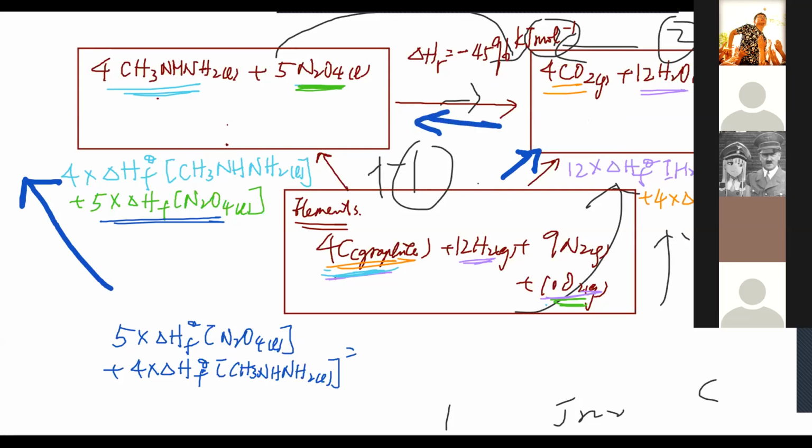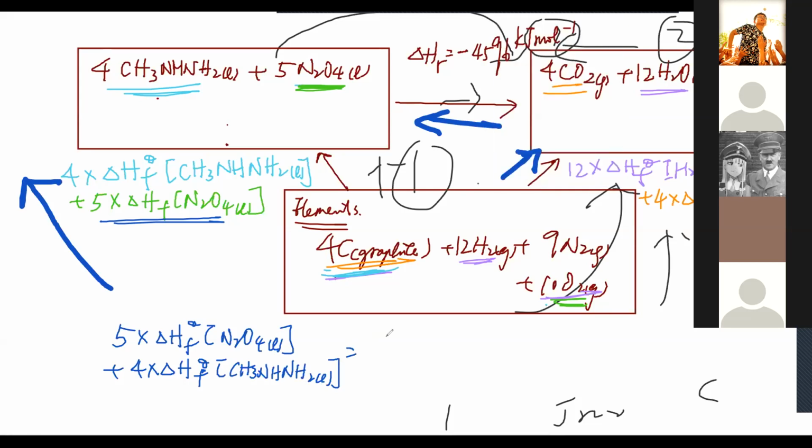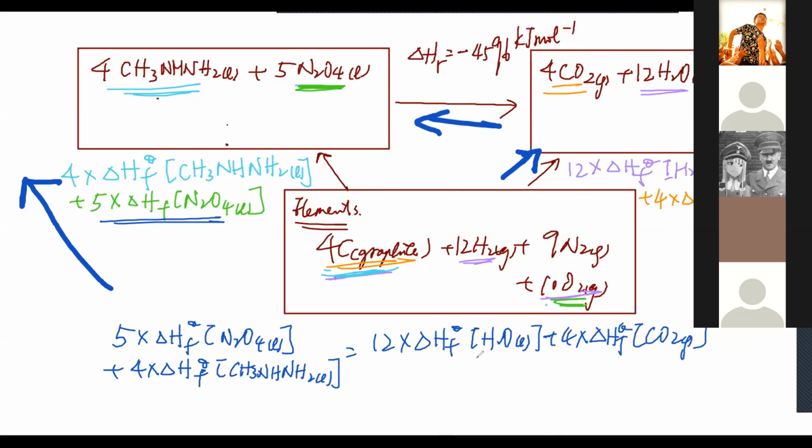Can you get a point? So which is 12 times delta H of formation of H2O, and then plus 4 times delta H of CO2, okay? And then minus delta H of reaction. So there should be the minus something. So very, very long term.